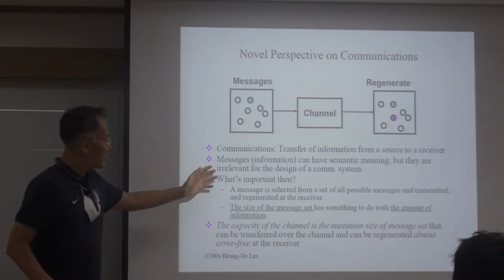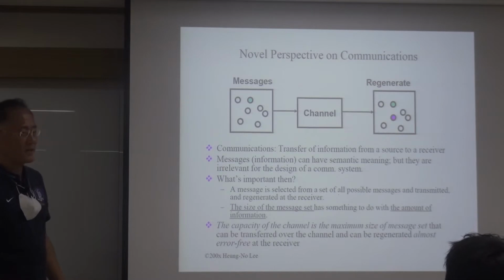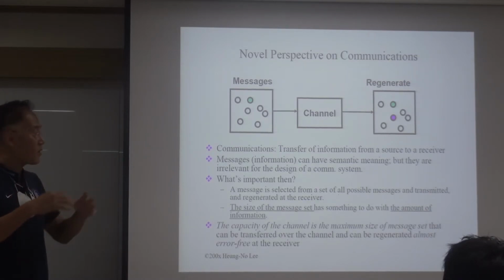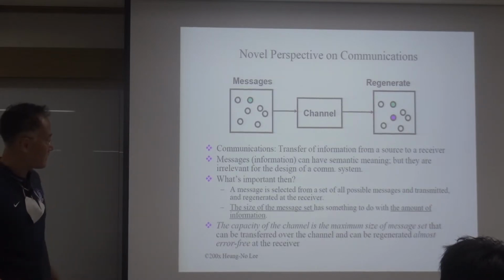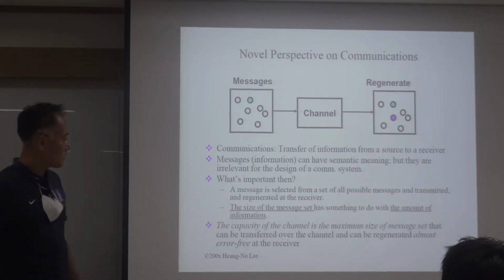So here, information means it is measurable. It's the amount of measure. I mean, it's how big A is bigger than B. That type of measure we are talking about.